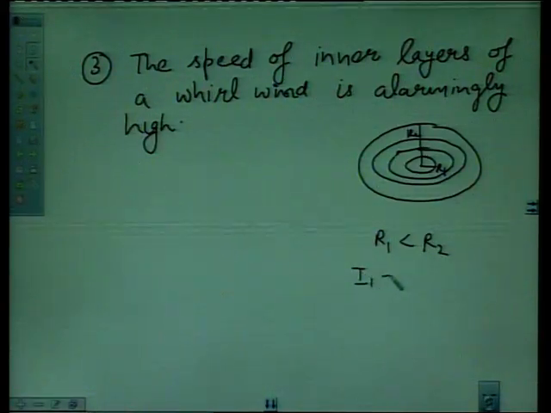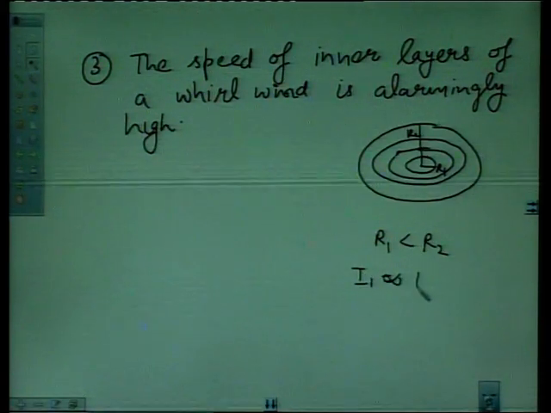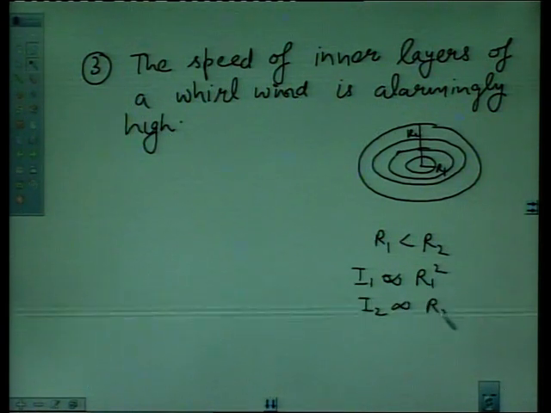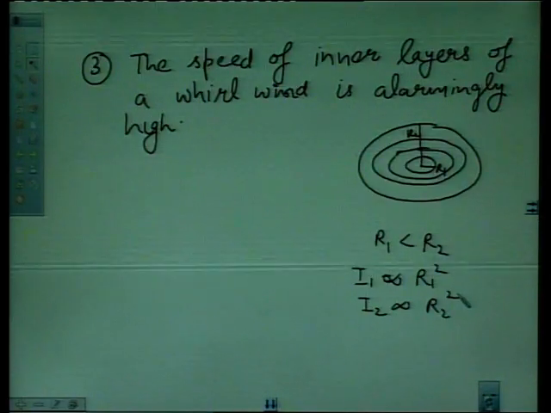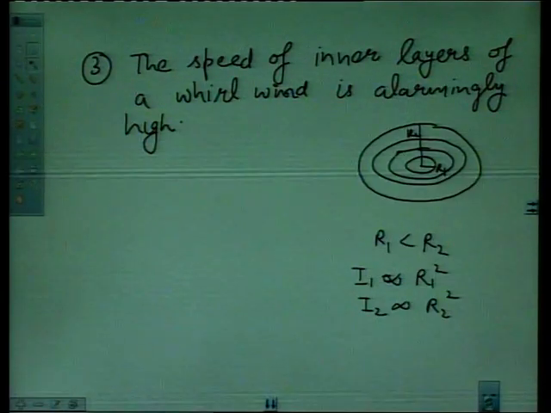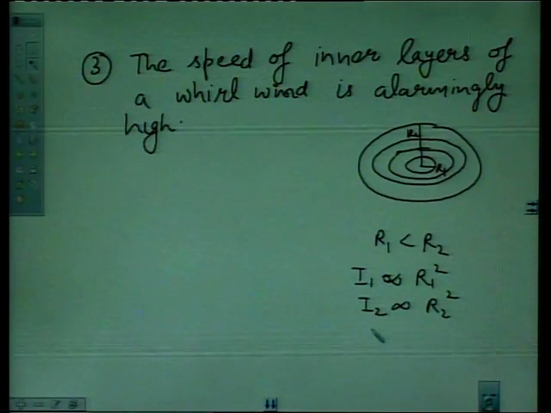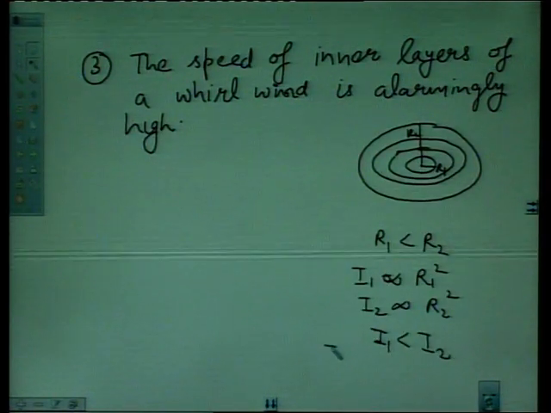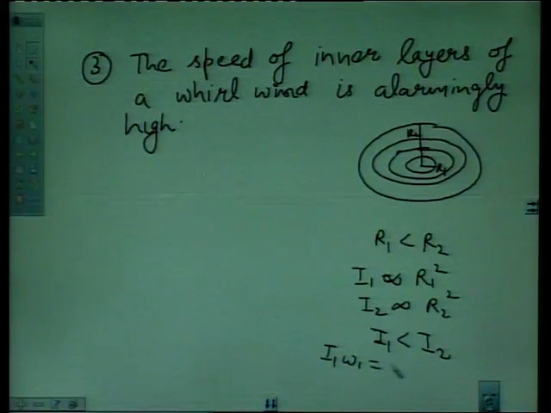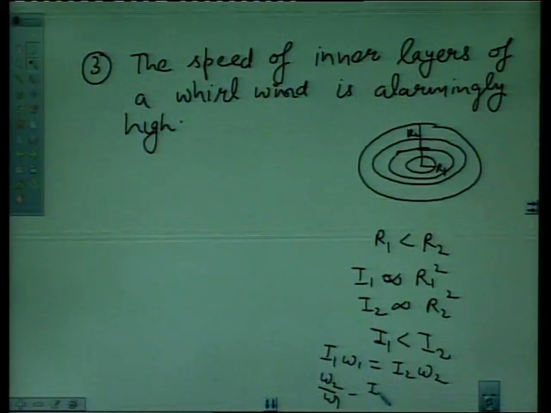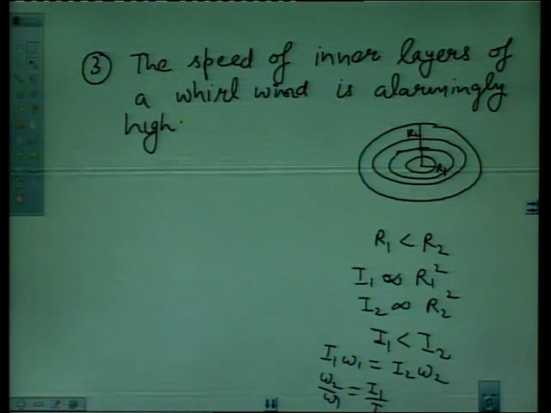Now, I1 is directly proportional to R1 square and I2 is directly proportional to R2 square. I1 is the moment of inertia of the inner layer and I2 is the moment of inertia of the outermost layer. So, we can say I1 is less than I2. Since I1 omega 1 is equal to I2 into omega 2, omega 2 upon omega 1 is equal to I1 upon I2.